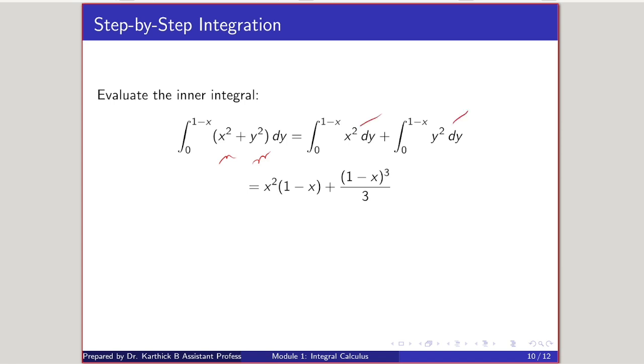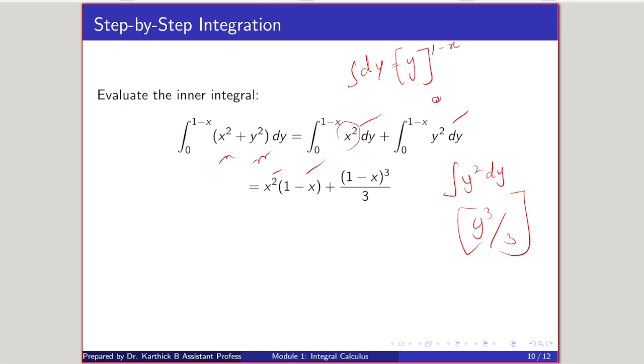Here x square will be a constant, and the integration of dy will be y, and I will substitute the limits 0 and 1 minus x, so it becomes x square into 1 minus x. And the integral of y square dy will be y cube by 3. If I substitute the limits as 1 minus x, I will get 1 minus x whole cube by 3, then 0 becomes 0 simply. So this will be the inner integral.